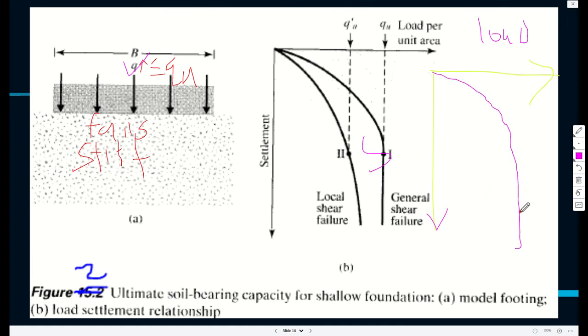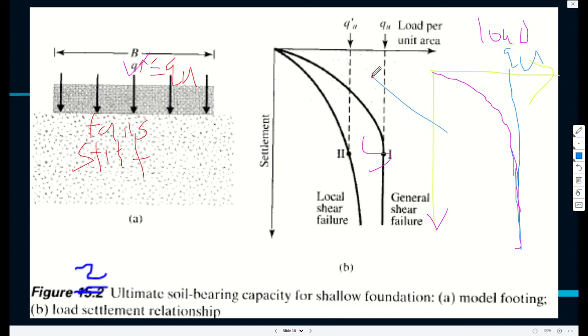At the point where there is a rapid increase of settlement, this is where punching failure occurs, because you can see the gradient is almost 90 degrees. So this can be defined as QU. That's what we're trying to do here.